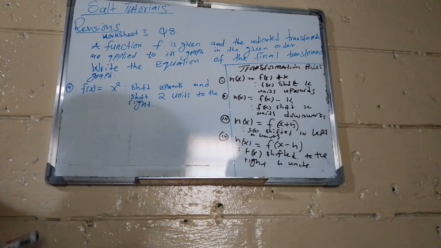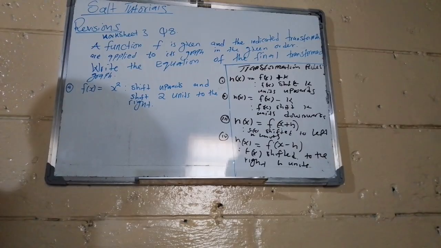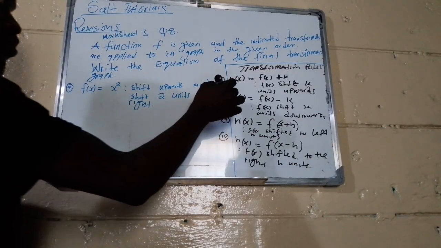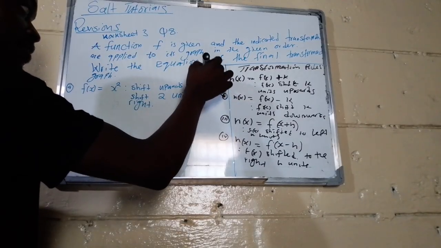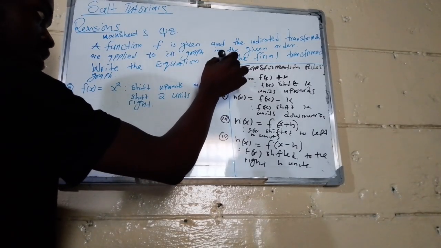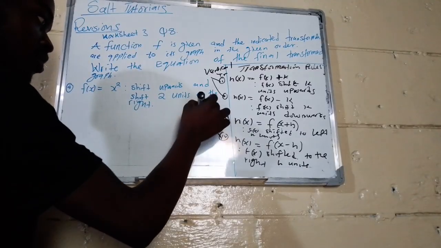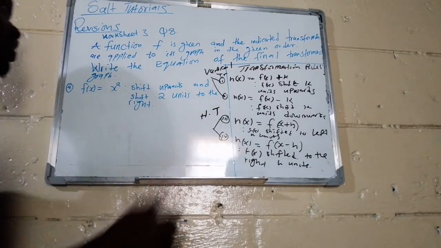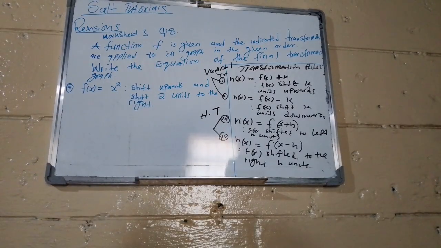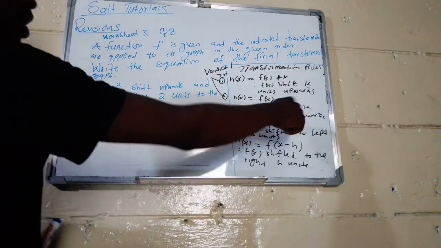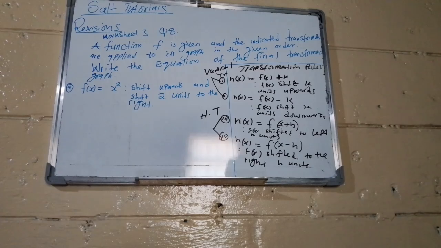These four are called the translation transformations. The first two are the vertical translations, and the other two are called the horizontal translations. So vertical is outside the function, horizontal is inside the function.